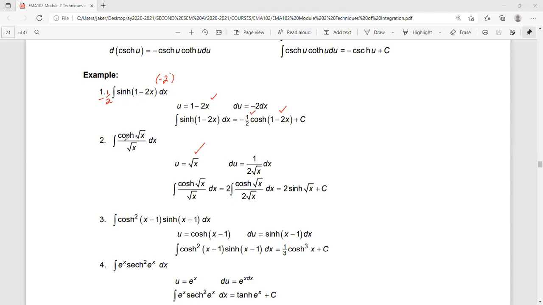So it lacks the 2, so you place the 2 in here. That's 1/2, so there has to be a 2 before your integral. The reason is that for the hyperbolic cosine, the integral is the hyperbolic sine. But since you have the 2 in here, you have to place it here. You just copy the 2, which you place before the integral, and you just answer the integral of the hyperbolic cosine, which is the hyperbolic sine.